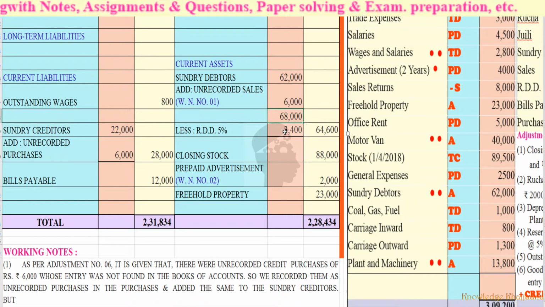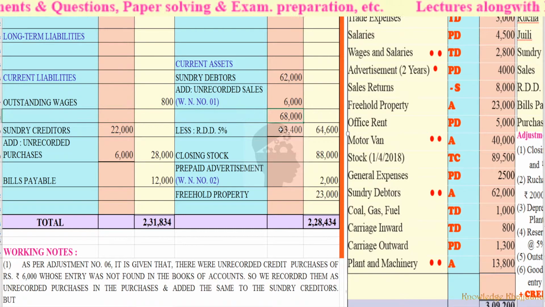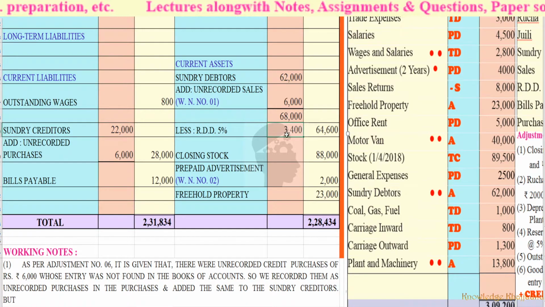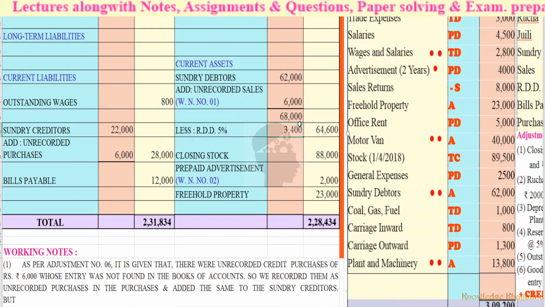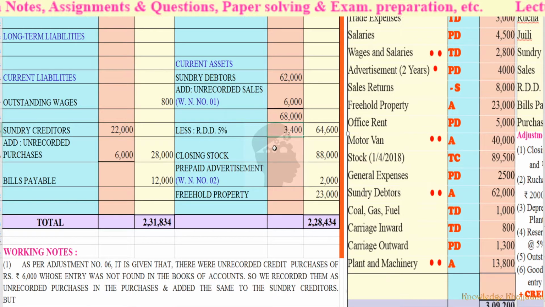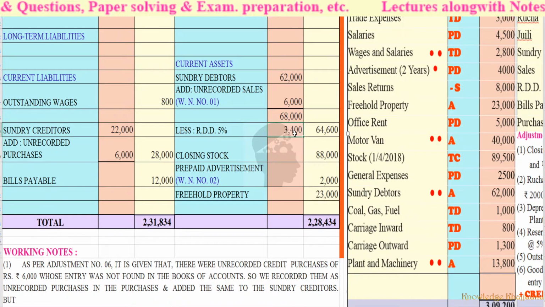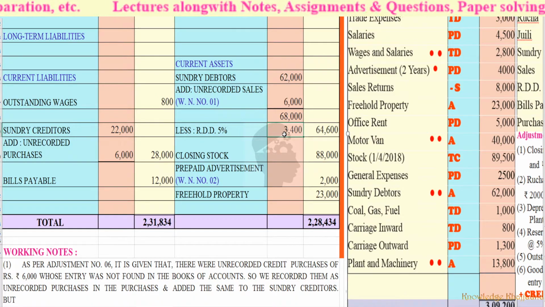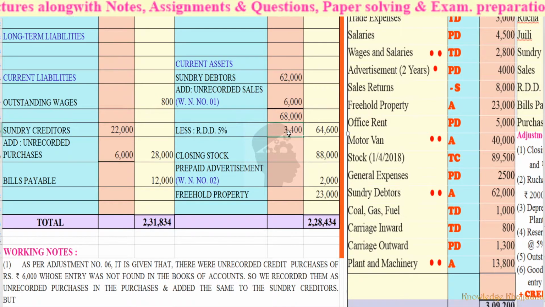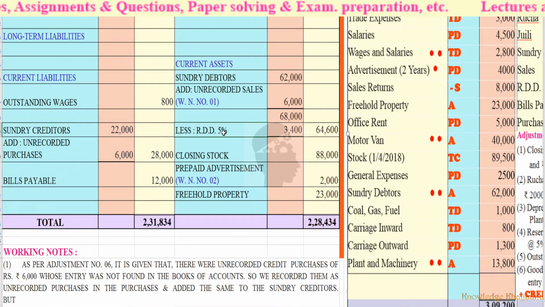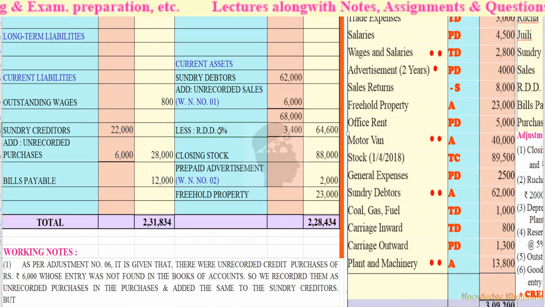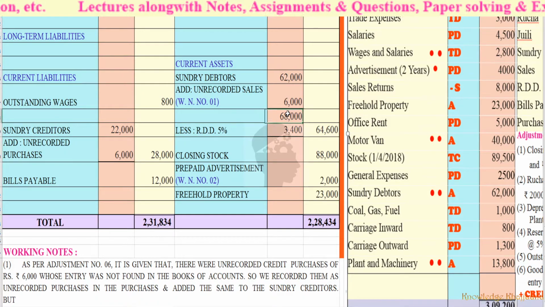What is 5% of 68,000? It is 3,400. Why? 10% is 6,800, so half of 10%, that is 5%. So 6,800 divided by 2 is 3,400. So what is 5% of 68,000? It is 3,400. So this is the new RDD which we have to deduct from the debtors.